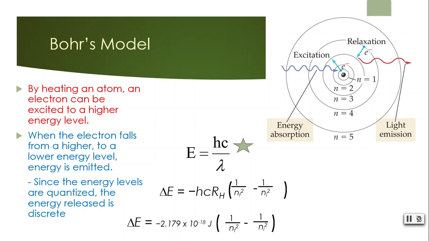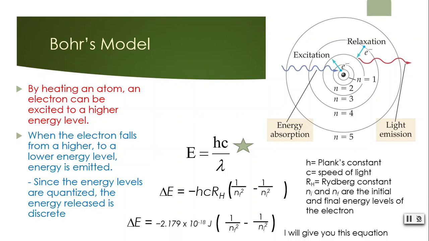And that equation that I'm clicking through here, that equation that is derived, says that the change in energy of an electron is equal to this constant, which is a derivation of Planck's constant and speed of light and some other constants, but it's multiplied by the reciprocal difference of the final energy level, the final n, squared, minus the initial energy level.